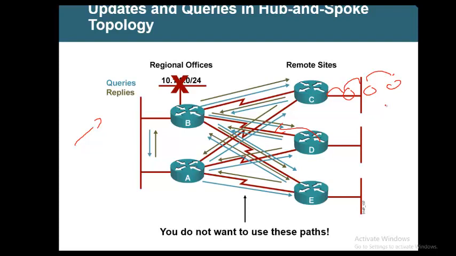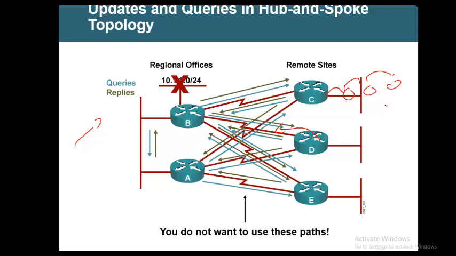Likewise, A and B look like a hub for C, D, and E. And if you see from the other direction, for B and A, C is a hub. For B and A, D is another hub. For B and A, E is another hub. Isn't it? For E, A and B look like spokes.